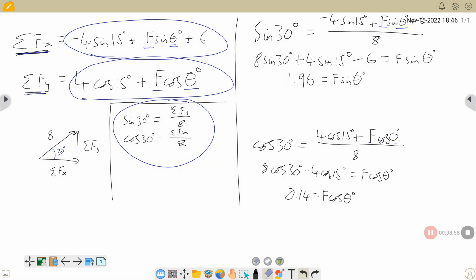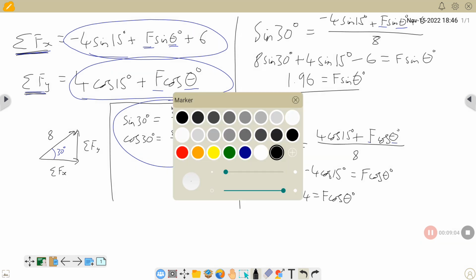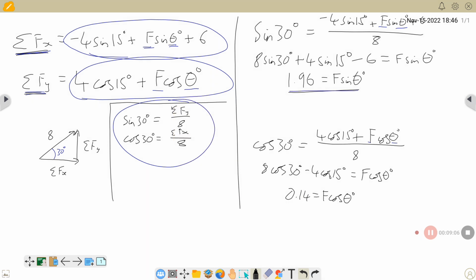Okay, so we've got some very simple equations now to deal with. We've got this one up here, and we've got this one down here. This is a very simple simultaneous equations problem. Let's take the second equation and rearrange it for f, so that I can then substitute that in for f in the first equation.